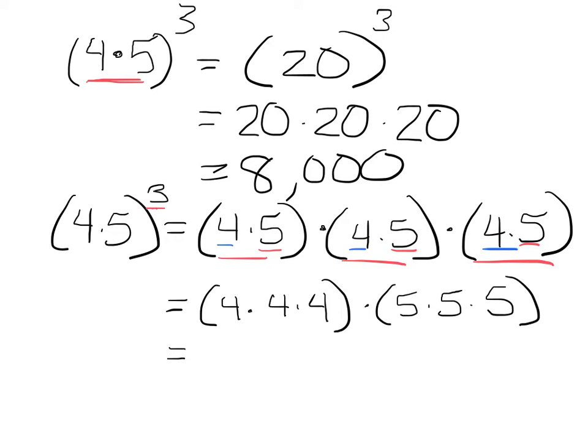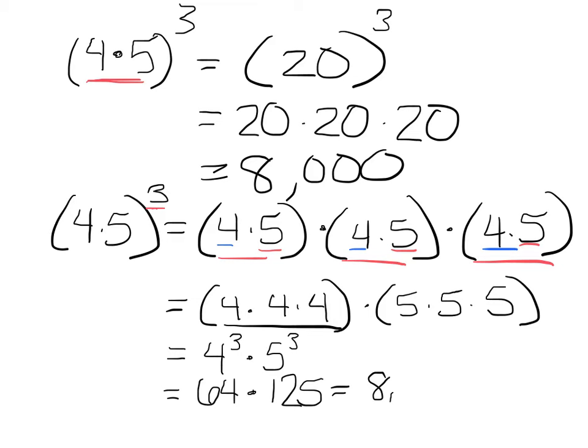Then if I wanted to simplify this, I can write this in exponential notation. So I can write this as 4 to the third times 5 to the third. 4 to the third equals 64, and 5 to the third equals 125, which also equals 8,000.